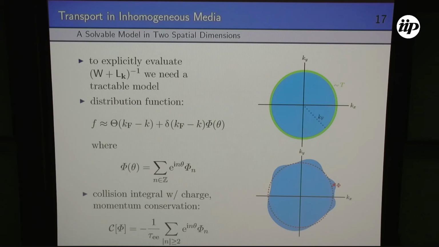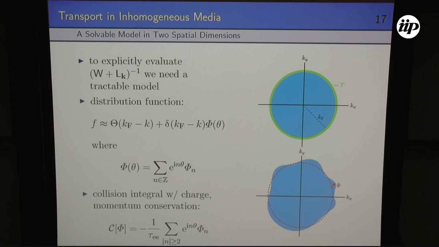Sorry, there's one more thing that you need to do before this becomes analytically tractable, which is you need to make a sufficiently simple choice for the collision integral. So this is one very simple choice that you can make. This is called the relaxation time approximation. And what it's saying is that we conserve charge and we conserve momentum.